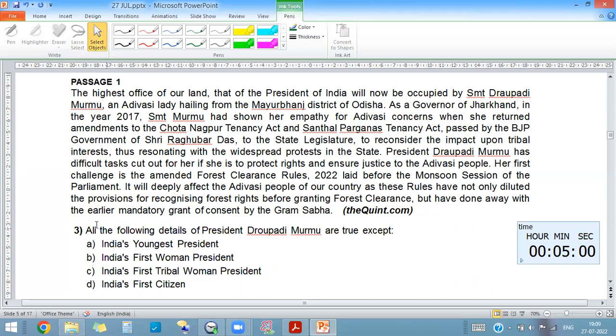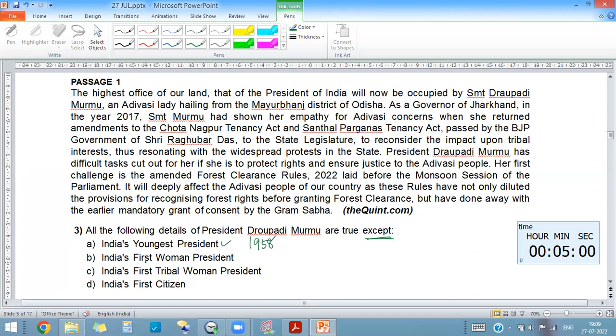Okay, this is interesting. All the following details of the president are true except what is wrong here. That means 3 out of 4 of this is correct, but 1 of this is wrong. Let's look at the first option. India's youngest president. Yes, she is India's youngest, born in 1958.